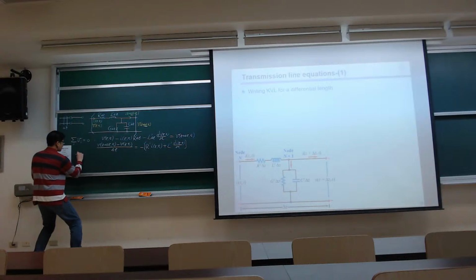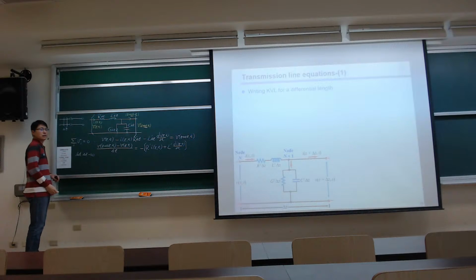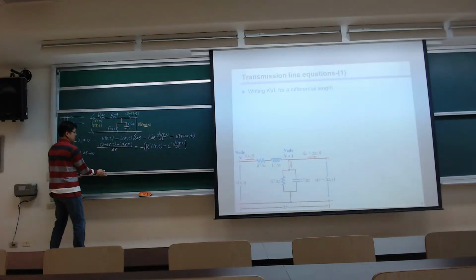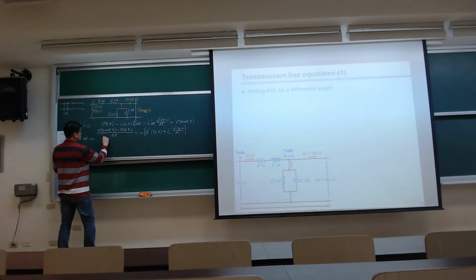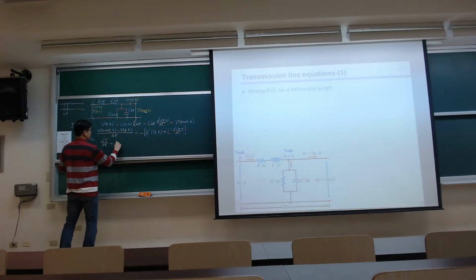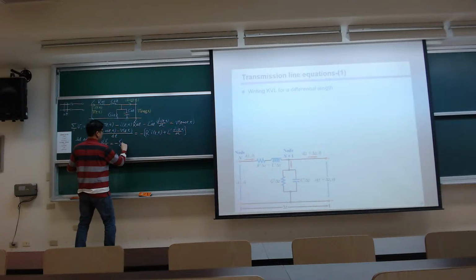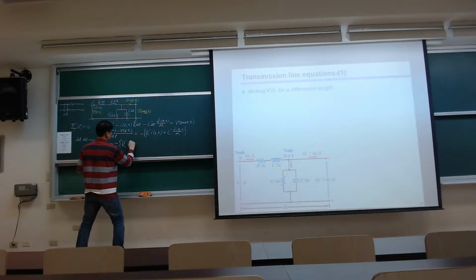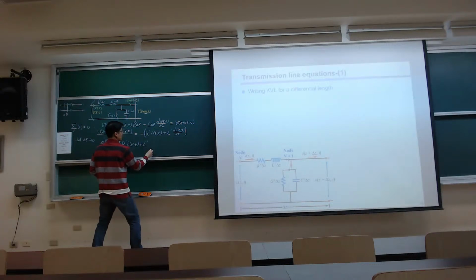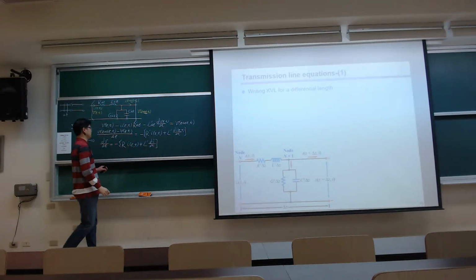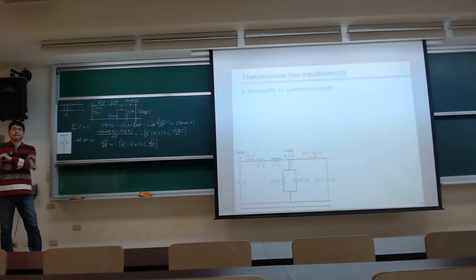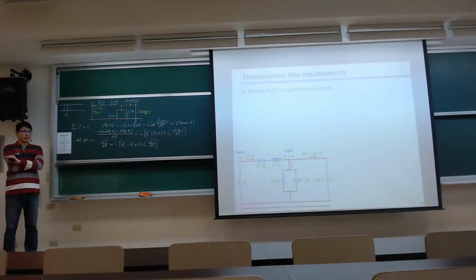So if I assume delta z is really small, this entire equation becomes partial v partial z equals negative R prime I(z,t) plus L prime partial I partial t.